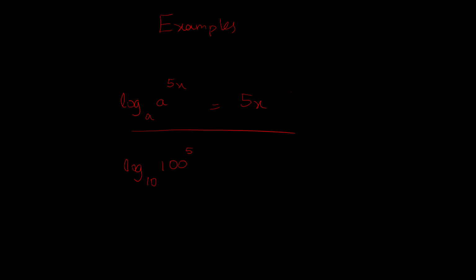You cannot just simply cancel them because the base is 10 and the number is 100, but you can use your brain and simplify the 100 to 10 squared to the 5, and later on 10 to the power of 10, and then these two cancel out and the answer comes to be 10 in this case.